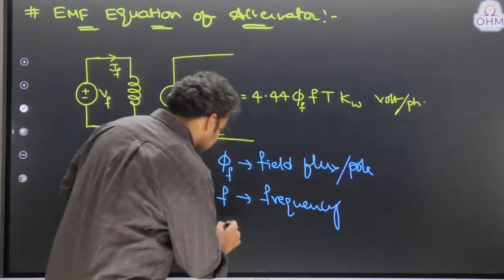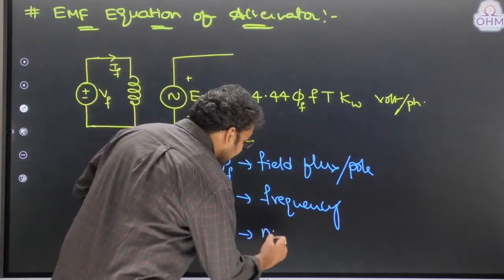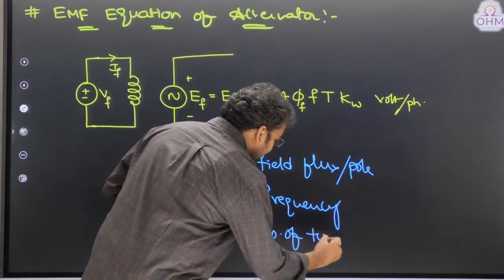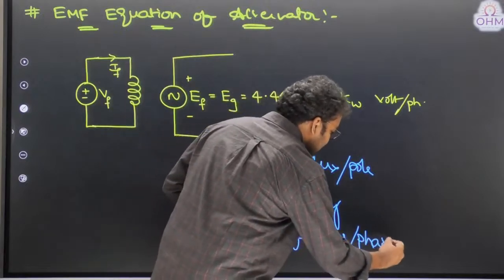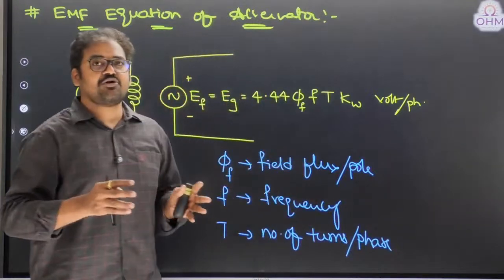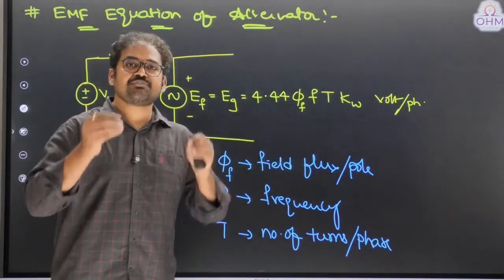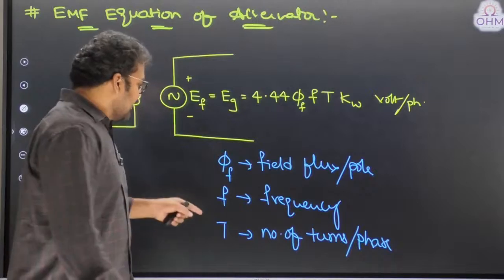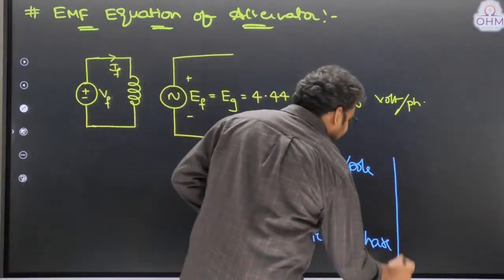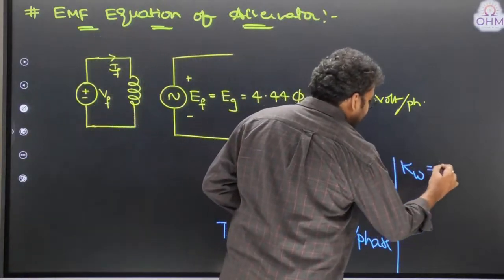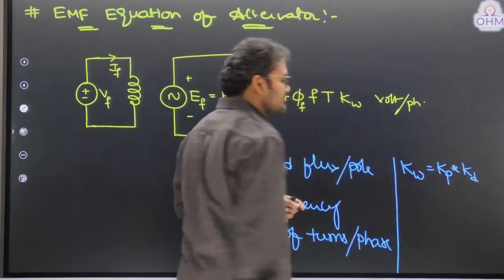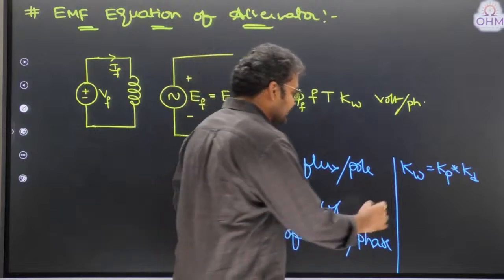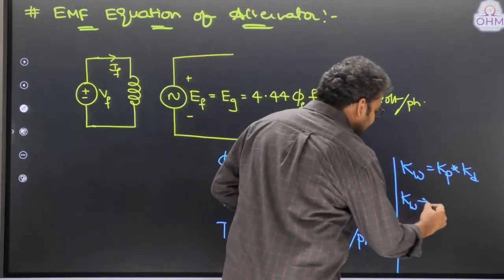And T represents number of turns per phase, number of turns in armature winding per phase. So total number of turns are not important. Number of turns per phase are important. And Kw is winding factor. We know Kw is equal to pitch factor multiplied by distribution factor.